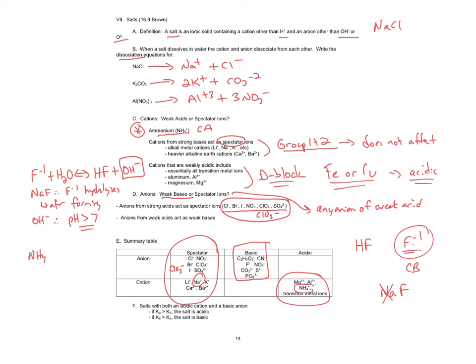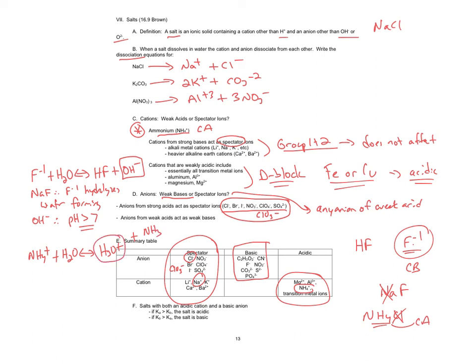When you add ammonium or any salt with ammonium, for example, ammonium chloride, you'll notice that chloride is a spectator ion. It's not going to do anything to water, but the ammonium is a conjugate acid from the weak base ammonia. So ammonium ions, when they are present in water, will donate a proton to water, forming H3O+ and NH3.